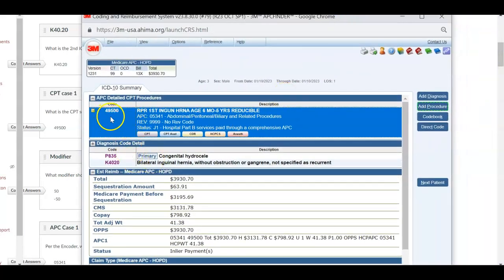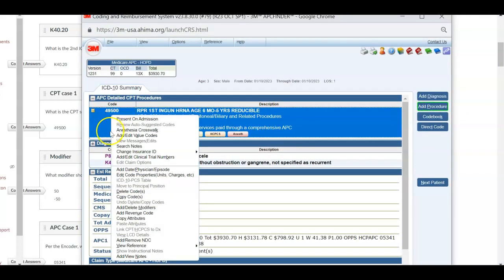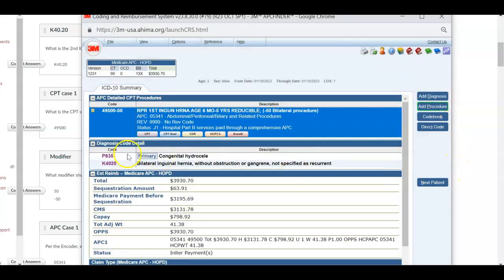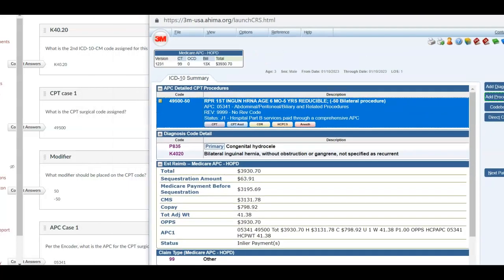So you go to the code itself. I'm going to double click it, and I am going to add modifier. So with this, I always tell students, check this out. So add, delete modifier. We're going to put 50 bilateral, and add, and then hit OK. So now our 50 is on there. Okay, let's scoot this over.